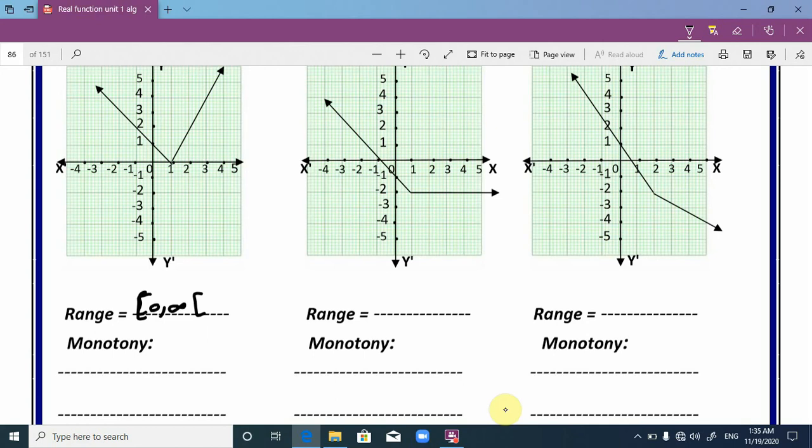For negative infinity open to 1 open, f is decreasing. And for 1 open to infinity, f is increasing.